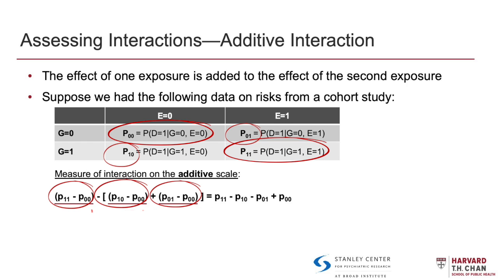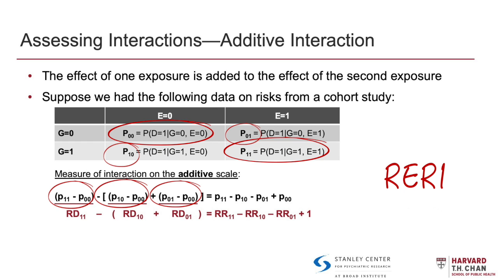Conceptually, the joint effect, where both exposures are present, is bigger than the individual effects. So we are subtracting the individual effects from the effect of both exposures presenting together. Sometimes we use the terminology RERI, the relative excess risk due to interaction.